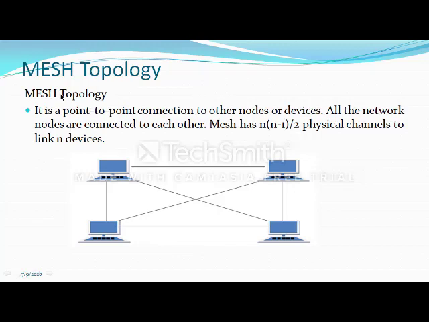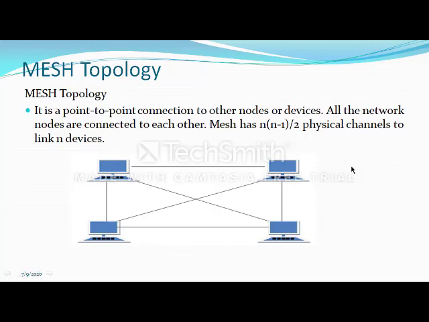Mesh topology. It has a point-to-point connection to other nodes or devices. All the nodes are connected to each other. This one is connected to this one, to this one, to this one.